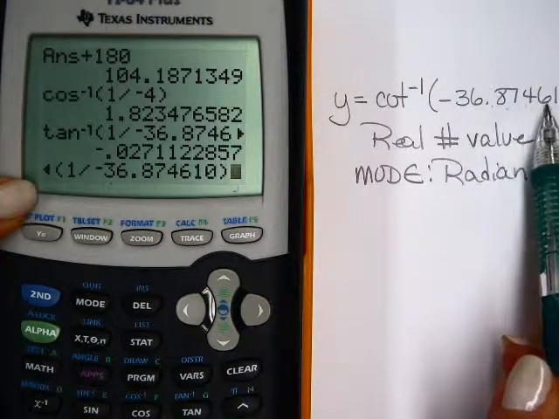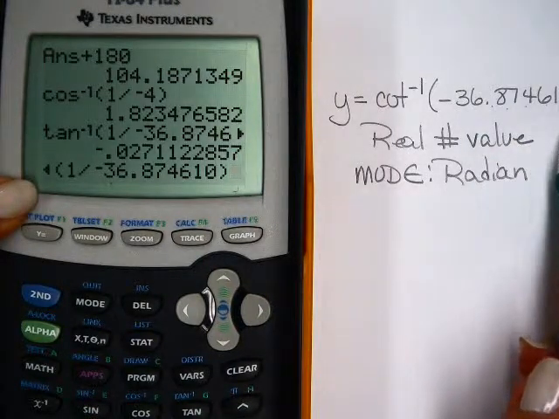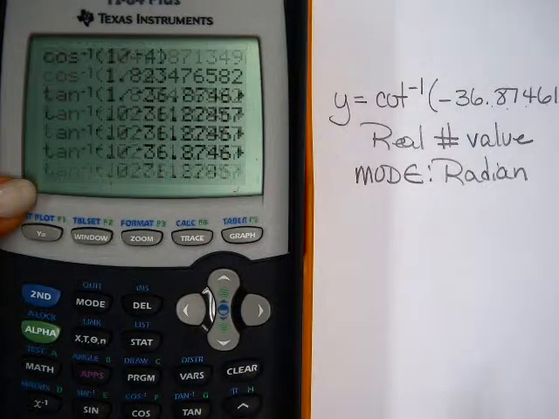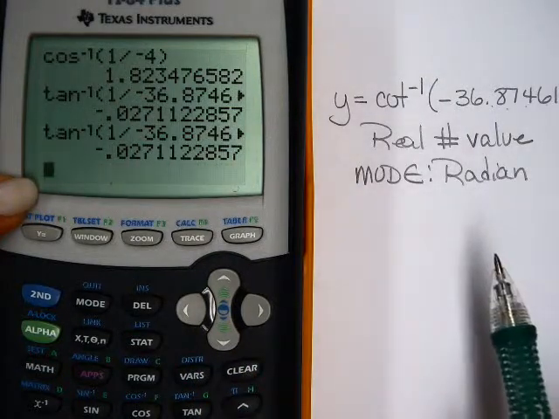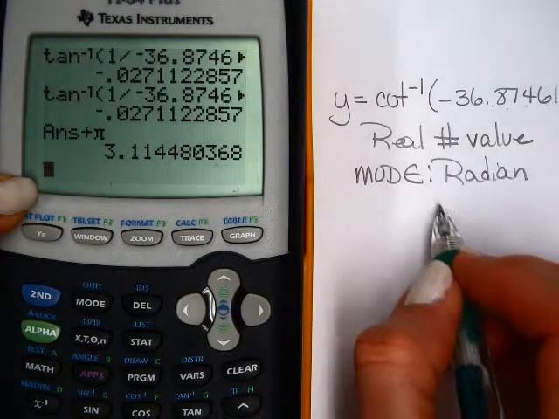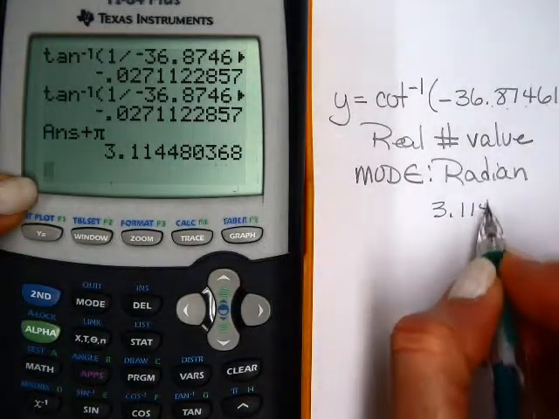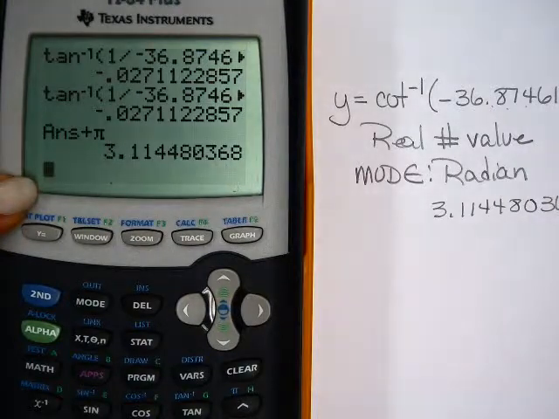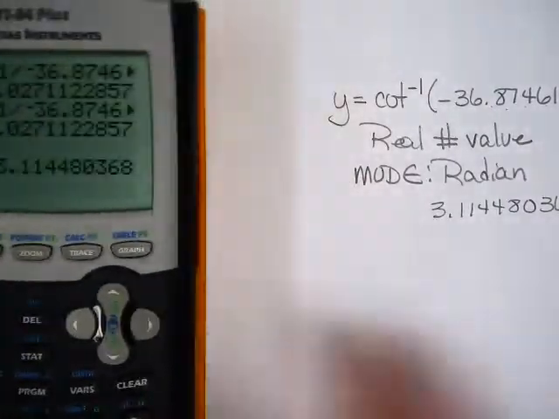This is not the correct answer because I've got to add pi, so just hit plus pi, and your correct answer is 3.114480368, and you are in radians, so do not put a degree symbol.